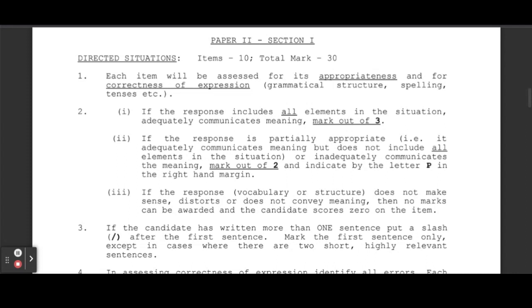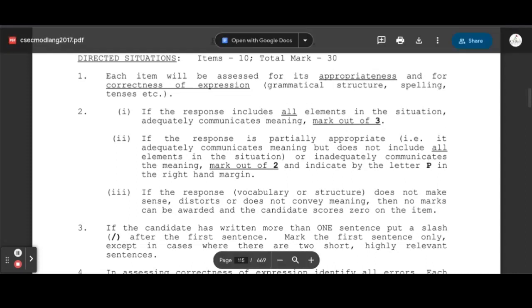Right? So this is how you're marked. You get all the elements, I understand perfectly what you mean, 3, automatically. I look at you, you have some of the elements where I don't totally get what you mean, that's an instant 2. And they're saying you put a lot. Well, you don't have to worry about that. But it's still a 2, right?